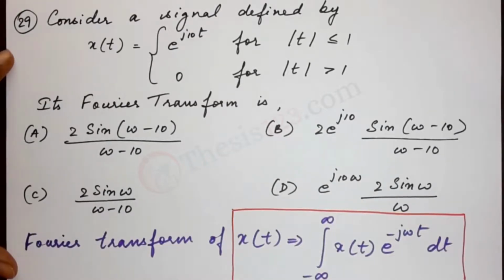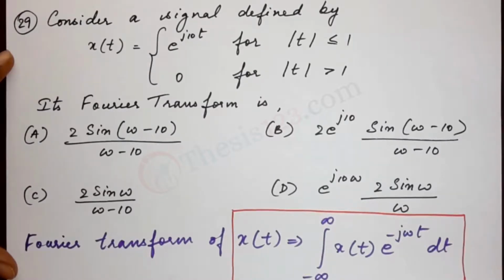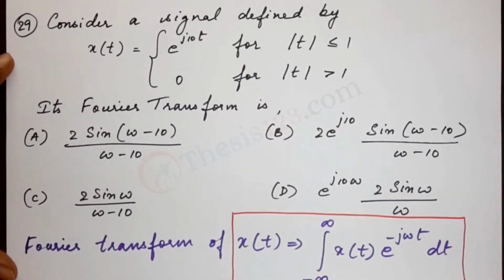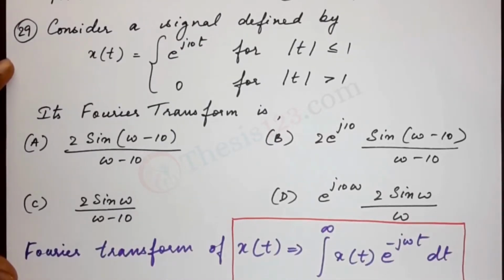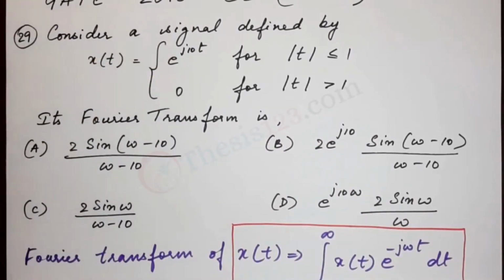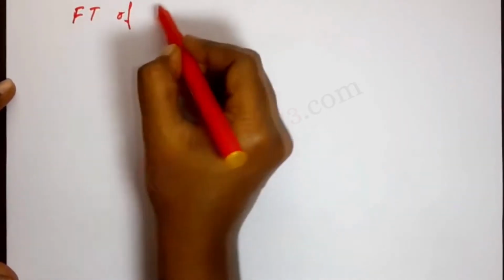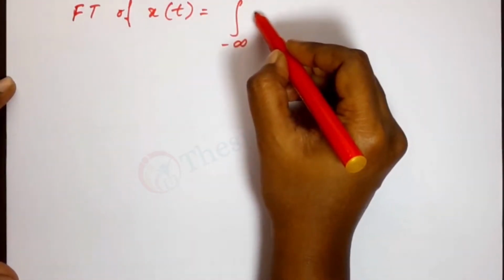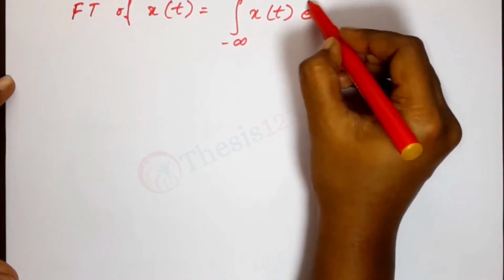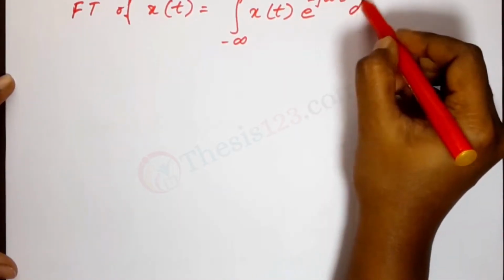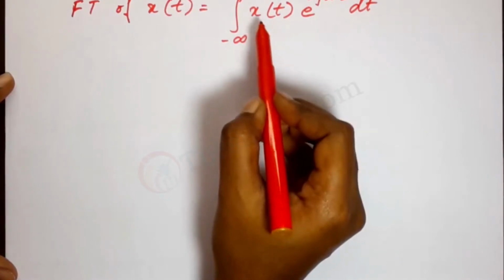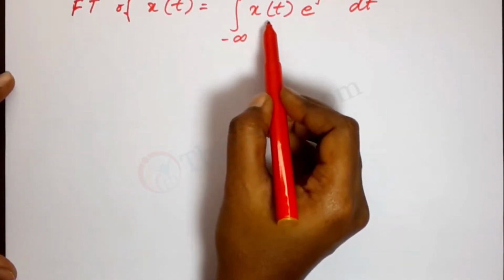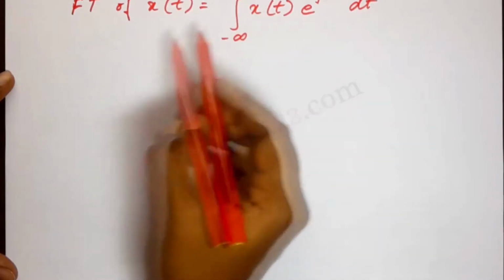Now let's use the signal definition given in the question. We have been given for mod t less than or equal to 1, x of t is e power j 10t. So now let's write that down. The Fourier transform of x of t, the formula is the integral from minus infinity to infinity of x of t into e power minus j omega t dt. Now we are going to substitute the value of x of t that's given in the question.